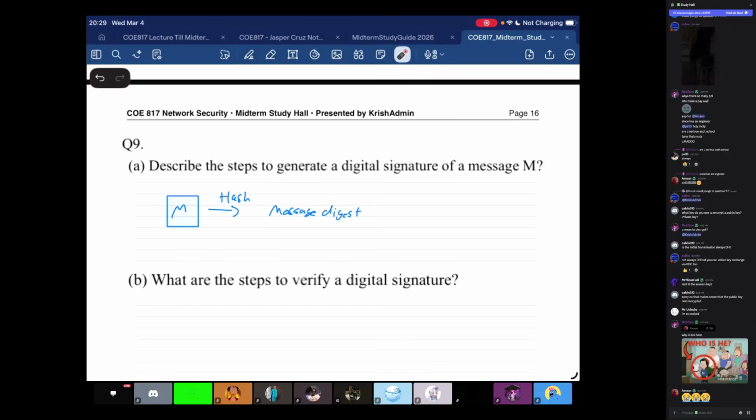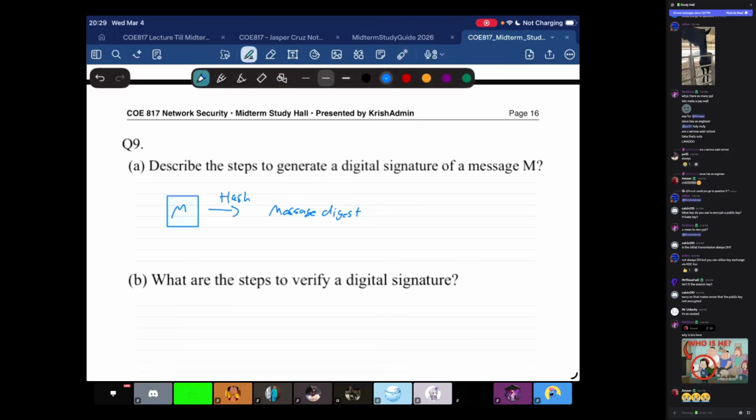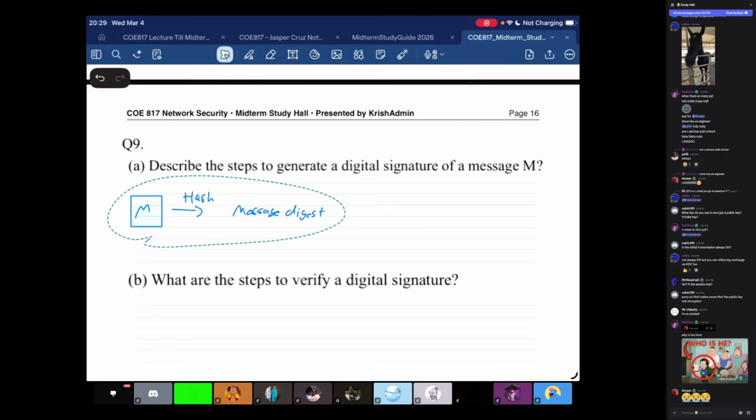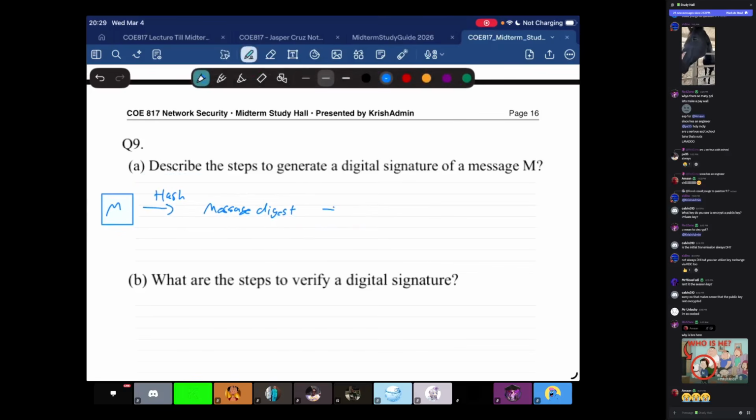And once this has gone through, in this case, we say that whoever is the creator of this message digest will then encrypt it with their private key. Private key encryption.